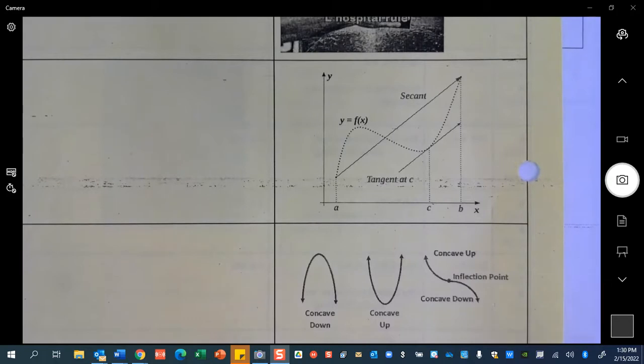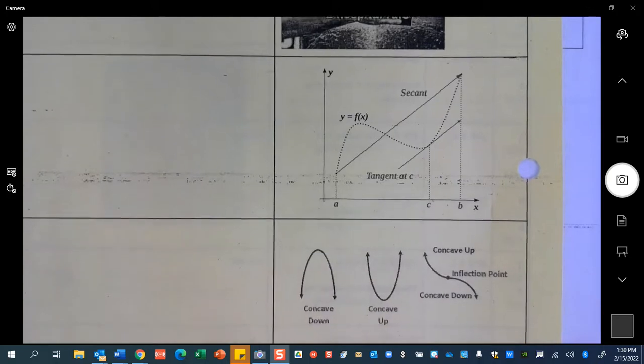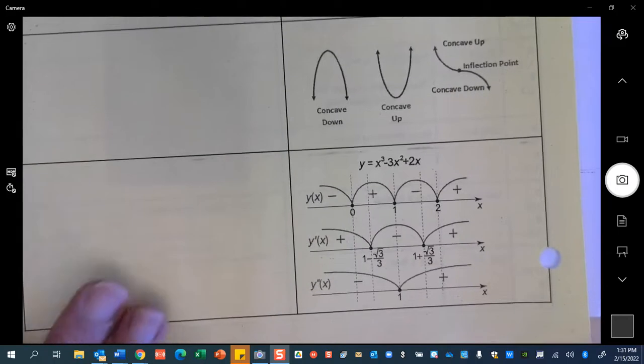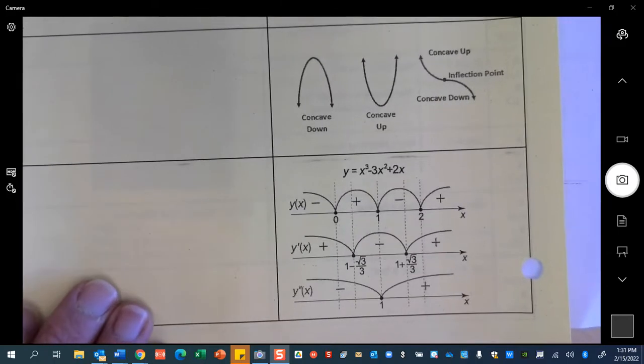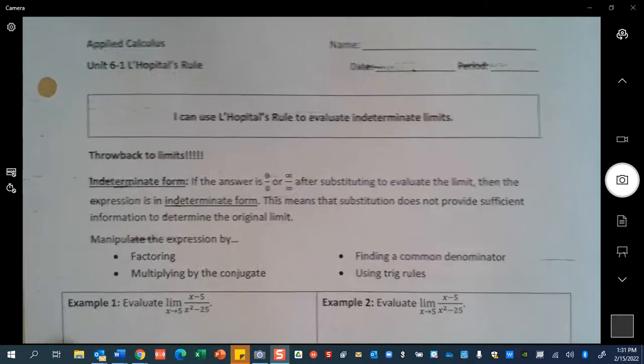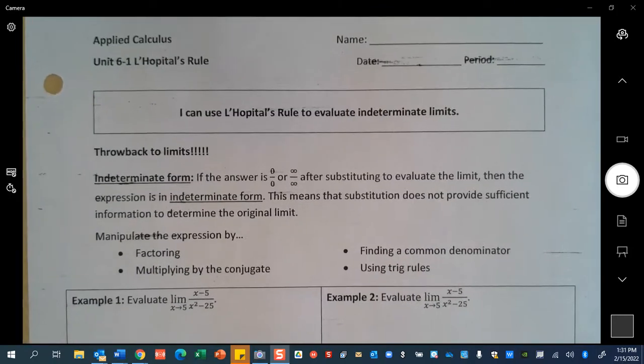So here's a little preview of our mean value theorem, and here's some conversations about concavity and curve sketching. So we'll get to that as we go. All right, so just so we're all on the same page with where this unit's going. Hey, just a few quick conversations.